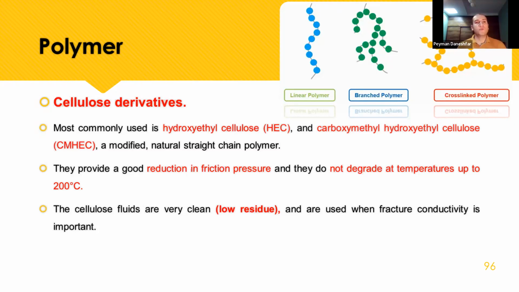They provide a good reduction in friction pressure, and they don't degrade at temperatures up to 200 centigrade. The cellulose fluids are often very clean, with low residue. This is good for us because one of the more important parameters for the fluid is low residue.